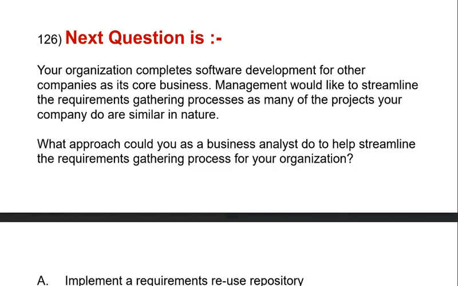Question is, your organization completes software development for other companies as its core business. Management would like to streamline the requirements gathering process as many of the projects your company does are similar in nature. What approach could you as a business analyst take to help streamline the requirements gathering process for your organization?